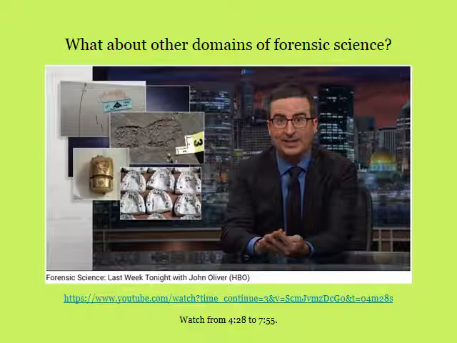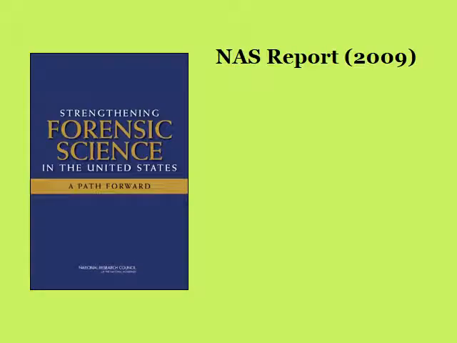And you probably saw John Oliver in that video make mention of the NAS report. So this is a report which you read the executive summary of for today. This is a report that came out in 2009 that was very critical of the forensic sciences. So the impetus behind this report is that the National Academy of Sciences and the National Institute of Justice sponsored a report to essentially do a comprehensive review of what the forensic sciences are like in the United States.